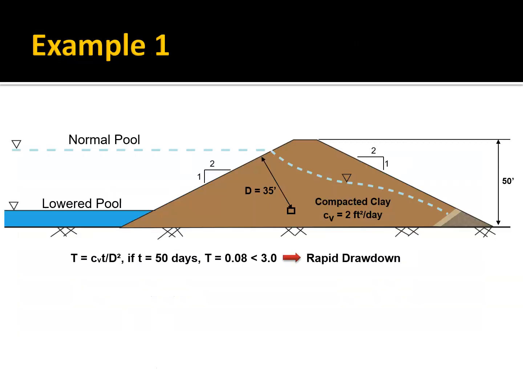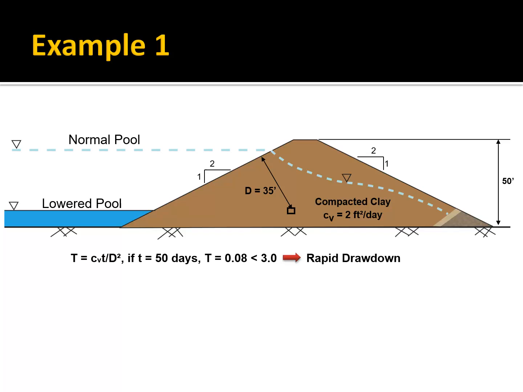Okay, so here's some examples. So this is a dam. This dashed line up top would be the pool when it's in its full state. And so let's assume, for the sake of argument, that it has time to come to an equilibrium in this state. We have a compacted clay dam or levee.